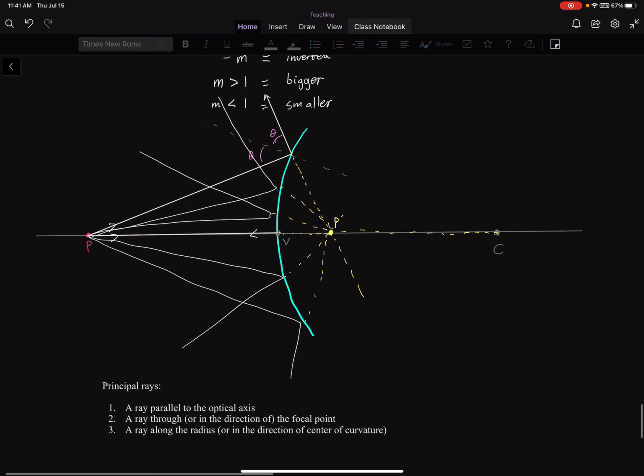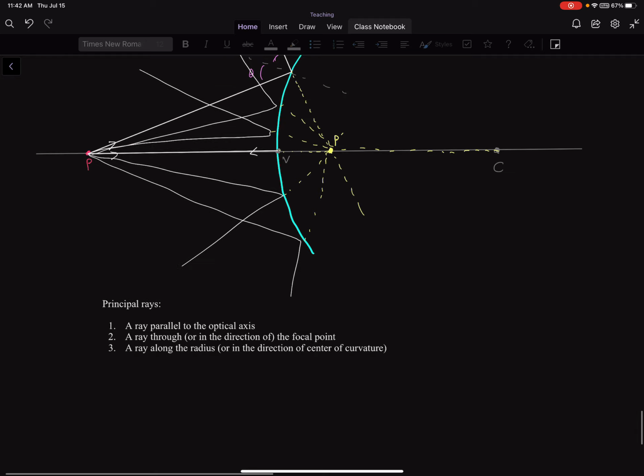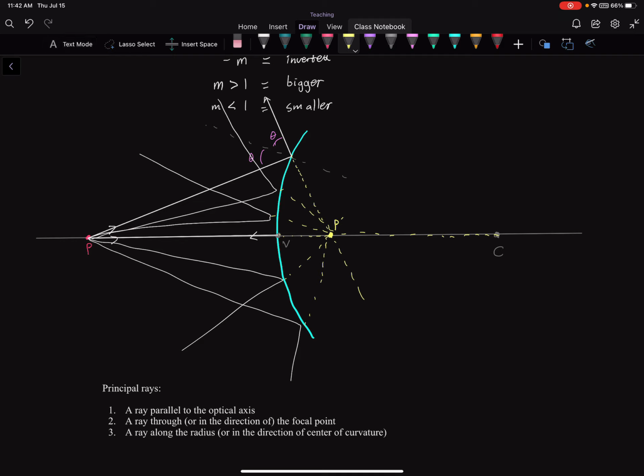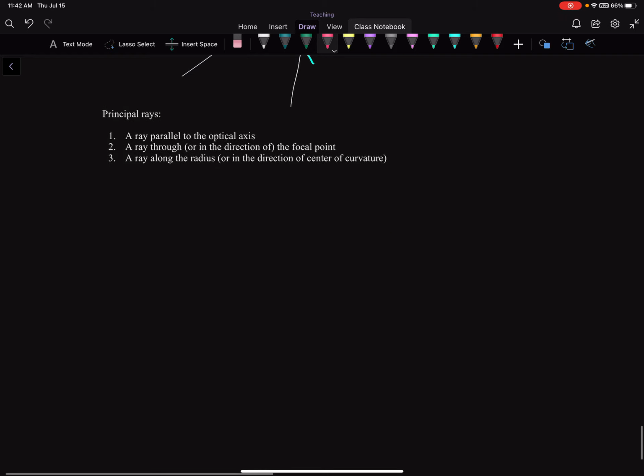Because in this convex case, the radius is all on the right side, but there's no rays on the right side. So just in the direction of the center of curvature, which is the same thing as parallel to the optical axis for this point, but if you were to consider an extended object like this, right, a ray in the direction of the center of curvature is not the same thing. So that's why it's a separate ray.